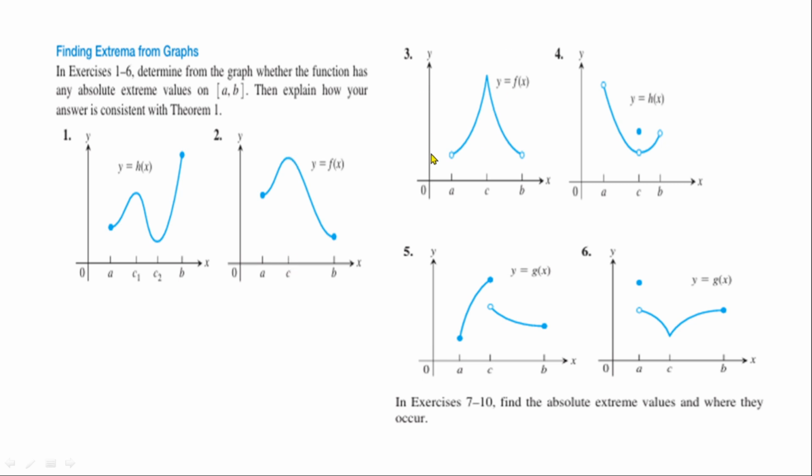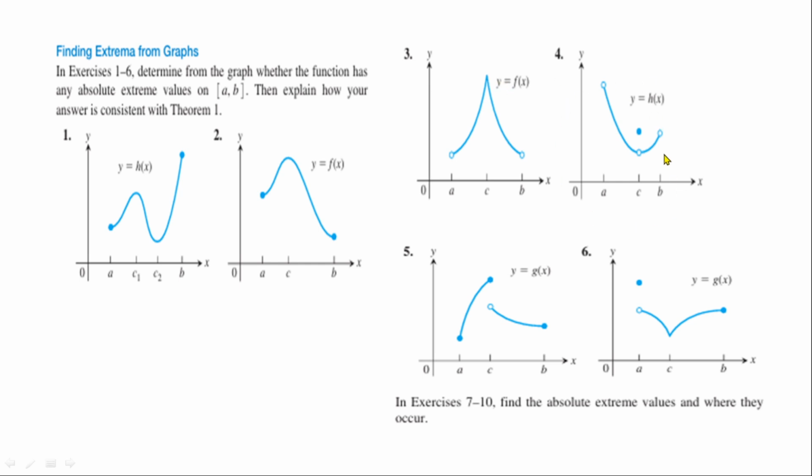In example 3, the interval is open and the function is continuous. Such extreme values may or may not occur. Here we cannot say the absolute minimum value, but there is an absolute maximum at x equal to c.